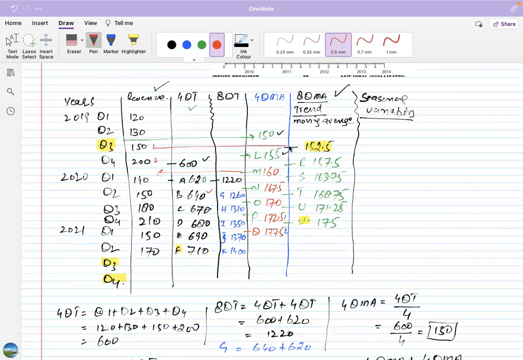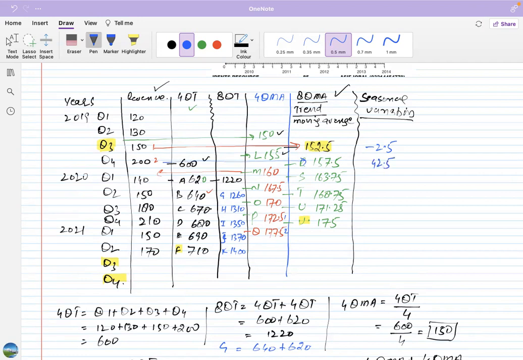Here it goes. This way, it means 150 minus 152.5. The answer would be minus 2.5. Next value would be 200 minus 157.5. The answer would be 42.5.